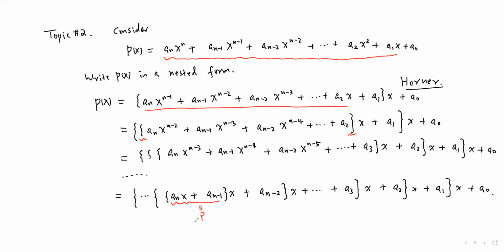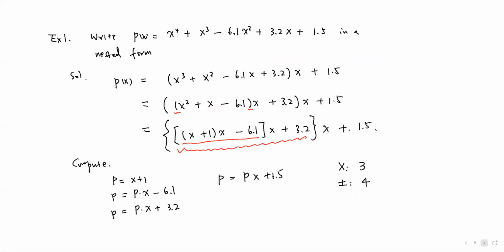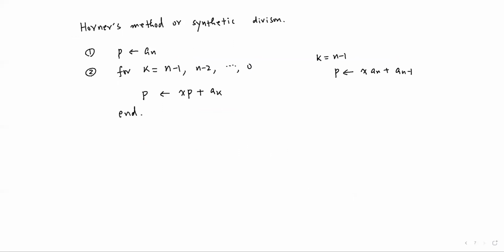Now K is n-2. Then implement this line. This becomes P: x times P plus, okay, now K is n-2.